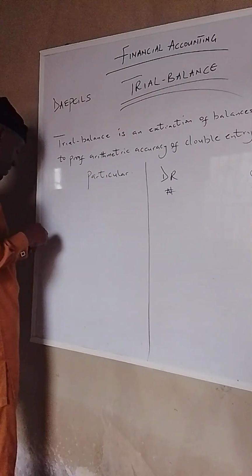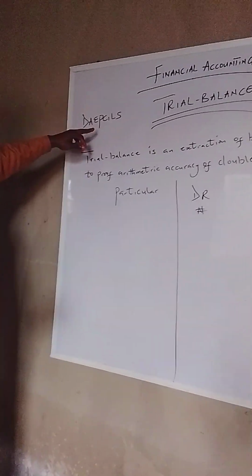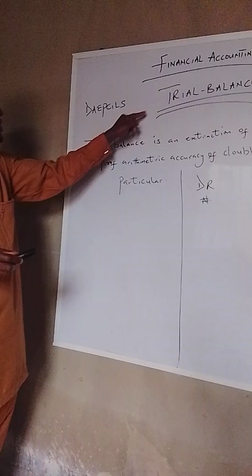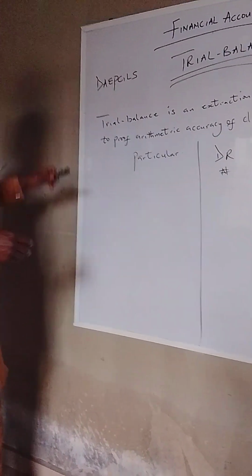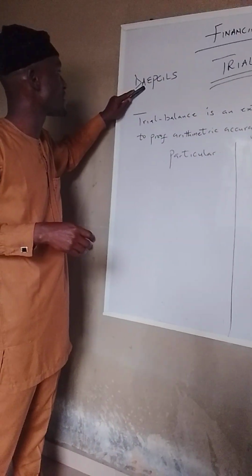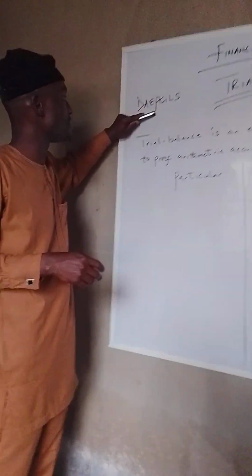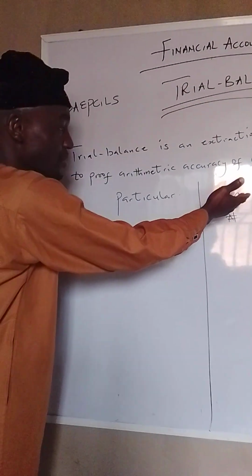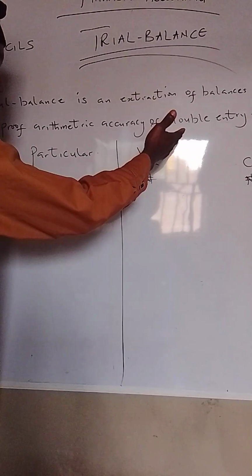Now, the essence of these rules that I've just itemized here is that anytime you see assets, expenses, and purchases, you debit it. This is what they call debit, your DR. It will be at this side.